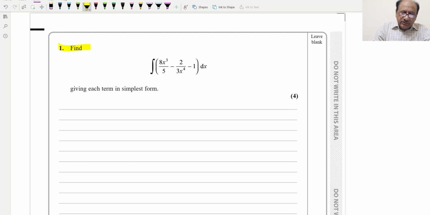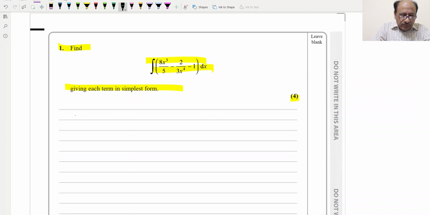Question number one says find this integration, giving each term in its simplest form, and this is a 4-mark question. So what we can do, we can take a separate integral for each term. That is the convenient way.